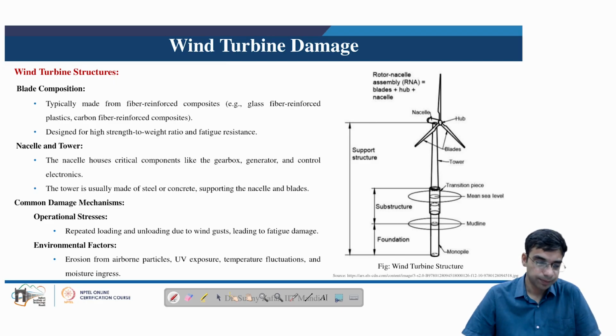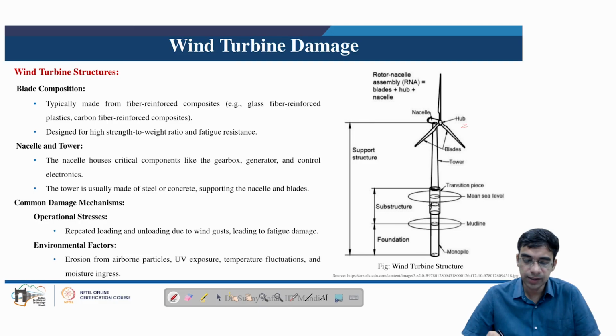So here we see the different parts of the wind turbine, which include the blades, as we have seen, and the nacelle behind the blade. We have the hub on which the blades are connected. The rotor nacelle assembly is sometimes also known as RNA, and the whole thing is mounted on a support structure which consists of a tower.